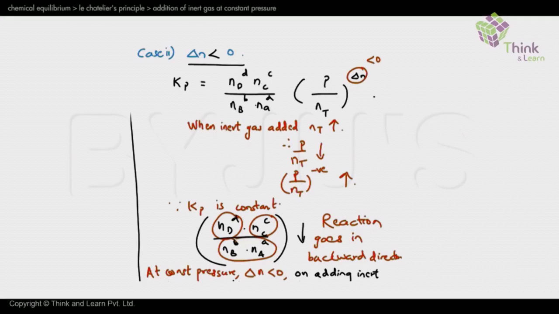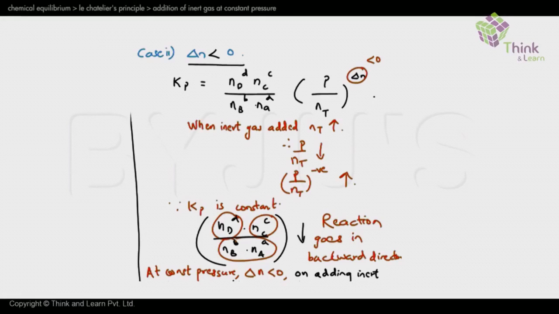Now if this is increasing, then since Kp is constant, we have Nd raised to D into Nc raised to C divided by Nb raised to B into Na raised to A, this whole term has to reduce. Now this can reduce only if the numerator reduces or the denominator increases.